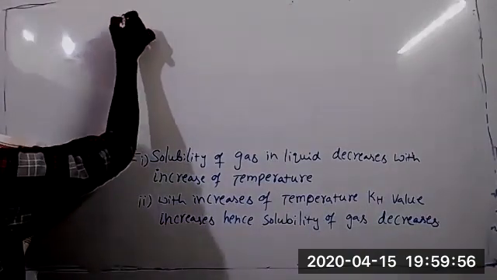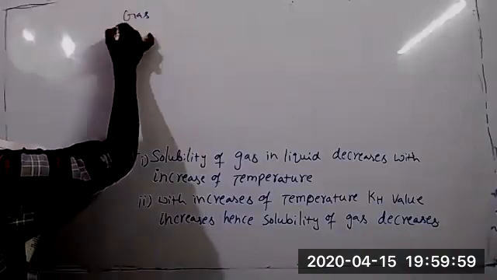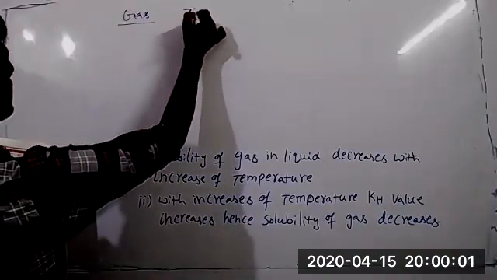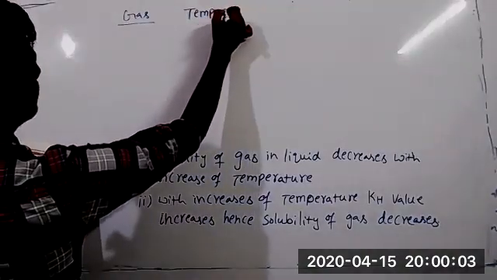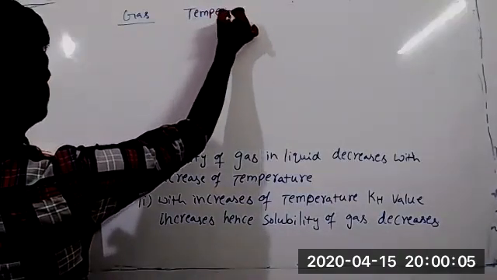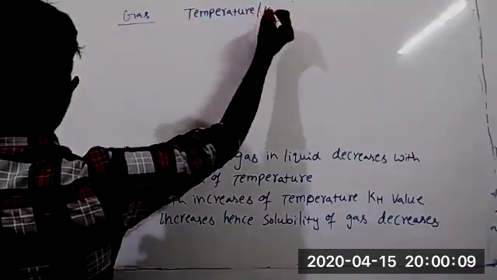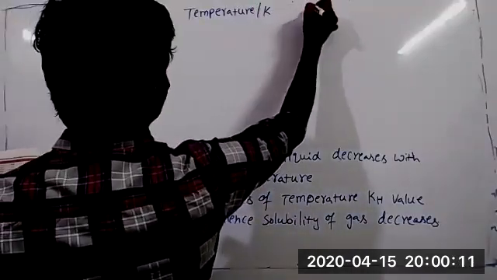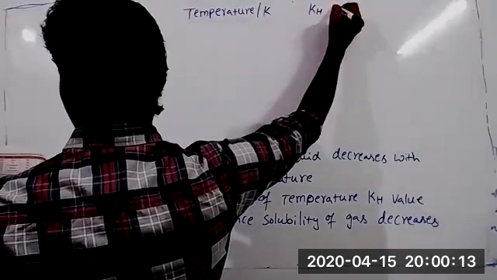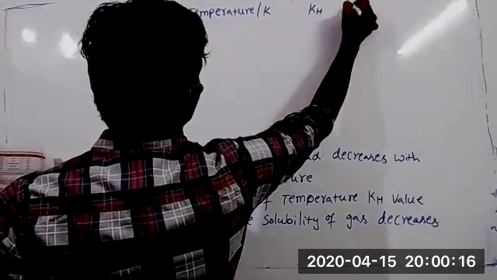A very small tabular form. Gas, temperature in Kelvin, KH, the units are kilobar.